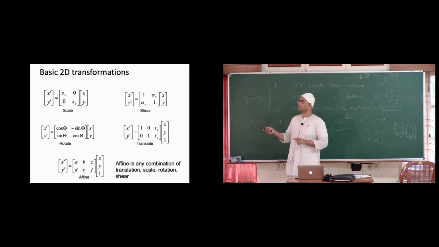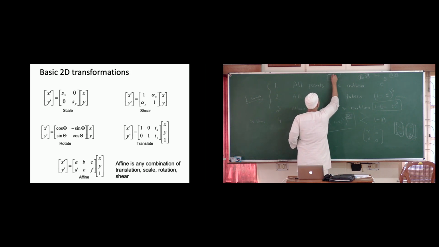Now I should show you some other one. Scale you have already seen, diagonal. Shear is this. It is in both axes actually. Last time I showed you like that. If I have it like that, I can do it like this, right? Also I can do it like this.